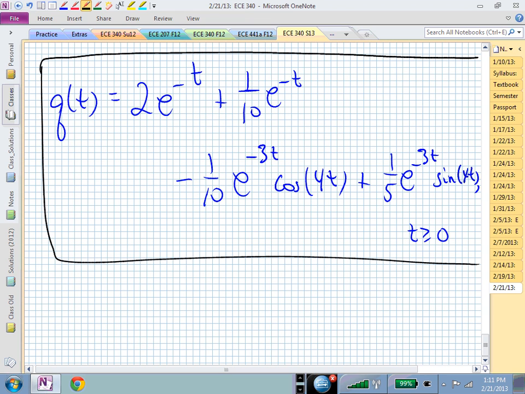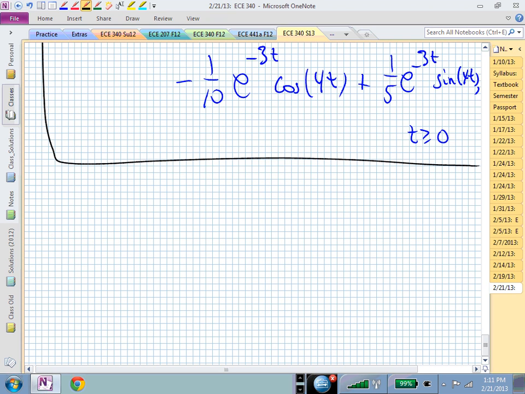That's effectively just a cosine that might be shifted a little bit, or a sine that's shifted a little bit with an exponentially damped amount of e to the minus 3t. You can combine those because those frequencies are the same, the sine and the cosine. But let's just see if we can simulate this or plot this in MATLAB.